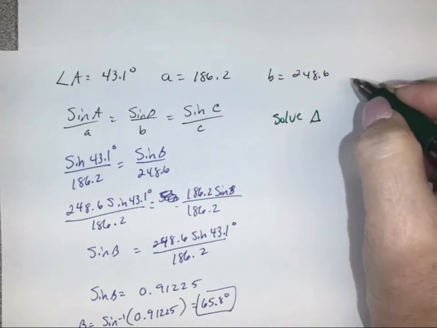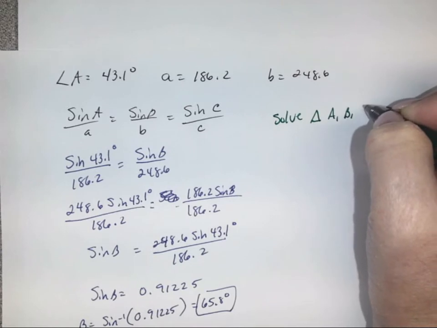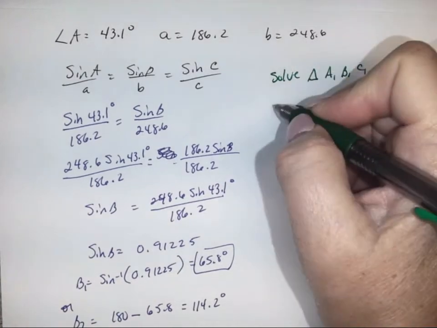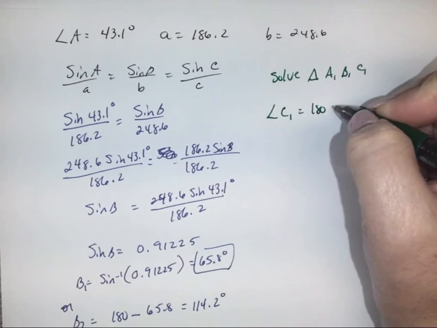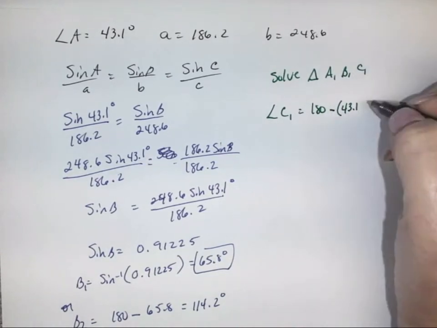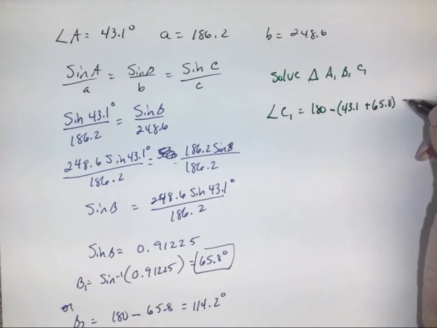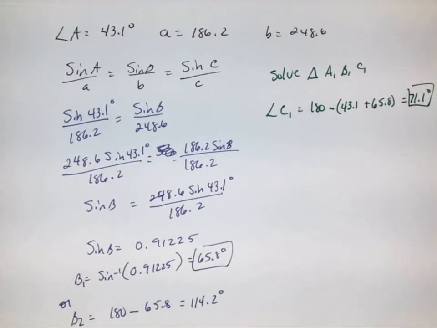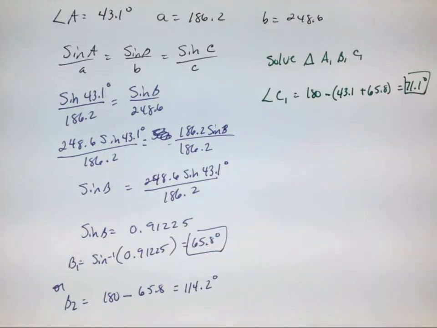All right, so let's solve for our triangle with A sub 1, B sub 1, and C sub 1. So angle C sub 1 would be equal to 180 minus the 43.1 that was our A and the B that we found of 65.8. So it's 71.1 degrees. All right, so we have our three angles because we were given one and we found two.